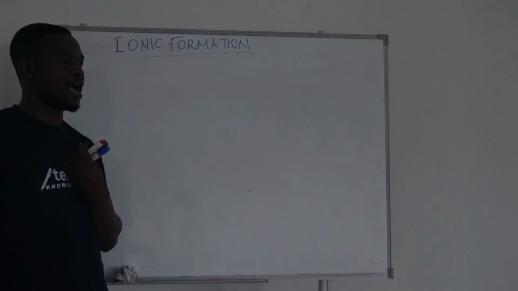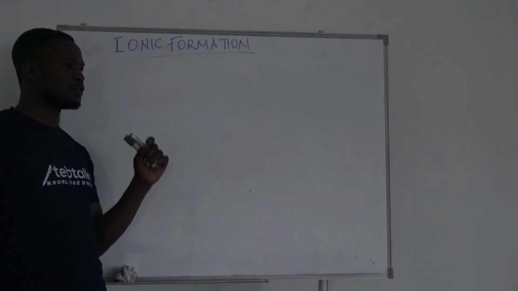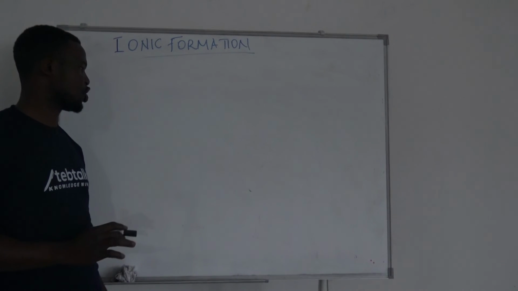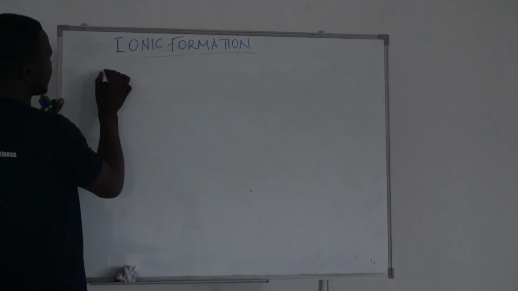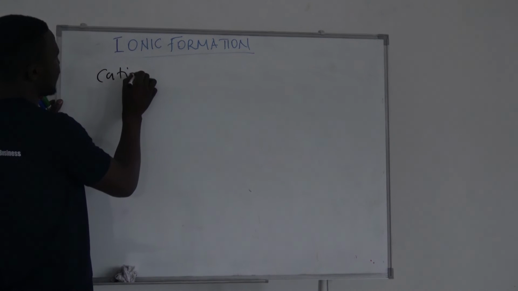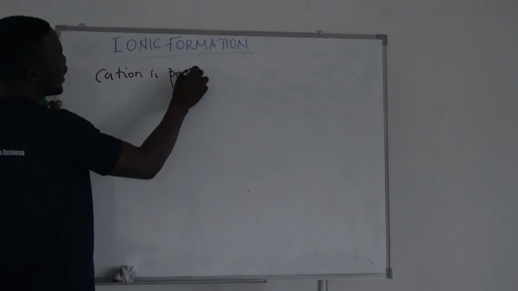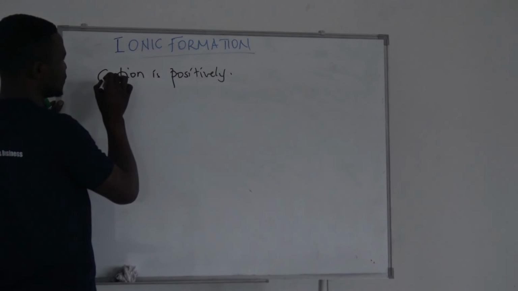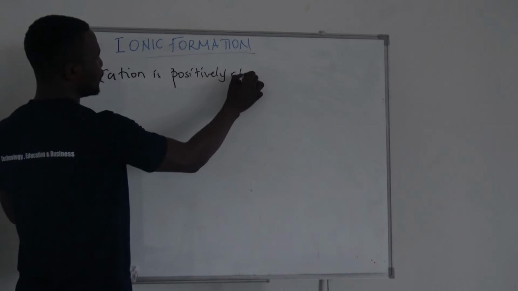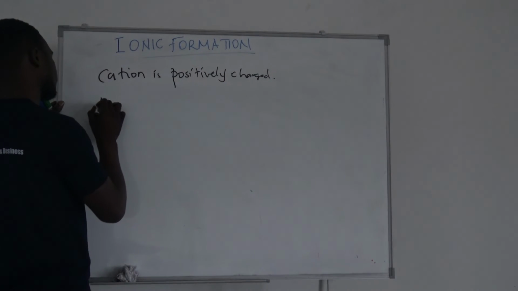When an atom loses electrons, it forms a positively charged ion that we call a cation. A cation is positively charged and is formed from loss of electrons. That is it, a cation.